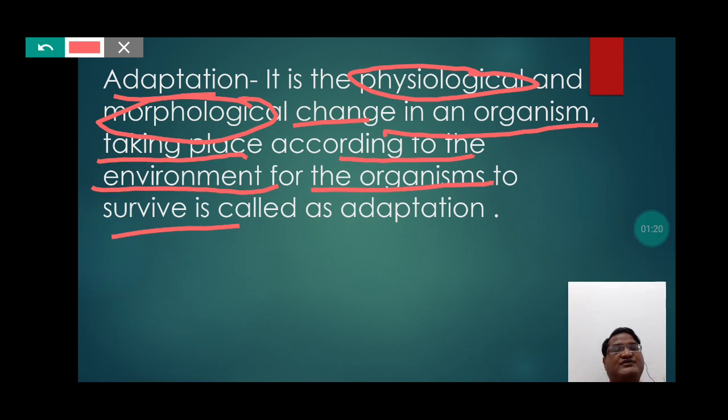It is the change in the physiological processes of the living organism like respiration, circulation, excretion, etc., and also the various kinds of modifications in the shape and size of the body, which is called the morphological change, which take place so that the organism can survive in the existing environment.